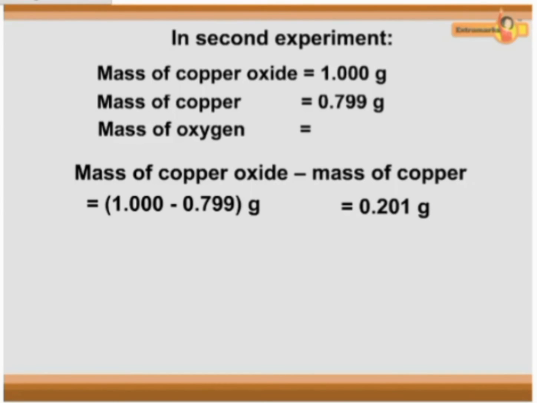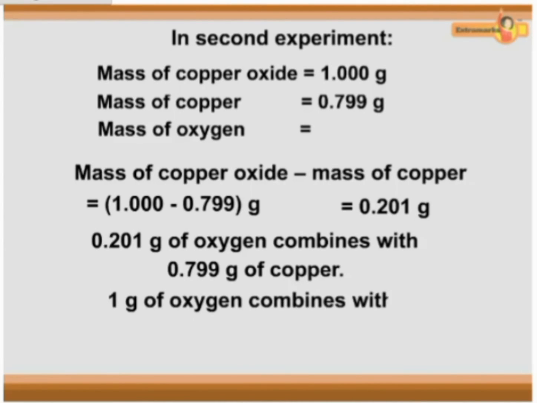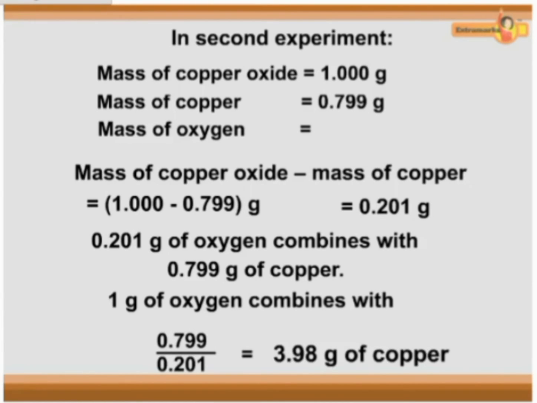It means 0.201 gram of oxygen combines with 0.799 gram of copper. To calculate the amount of copper that combines with 1 gram of oxygen, we will calculate by finding the mass of copper upon mass of oxygen, that is 0.799 gram upon 0.201 gram, which is equal to 3.98 gram.